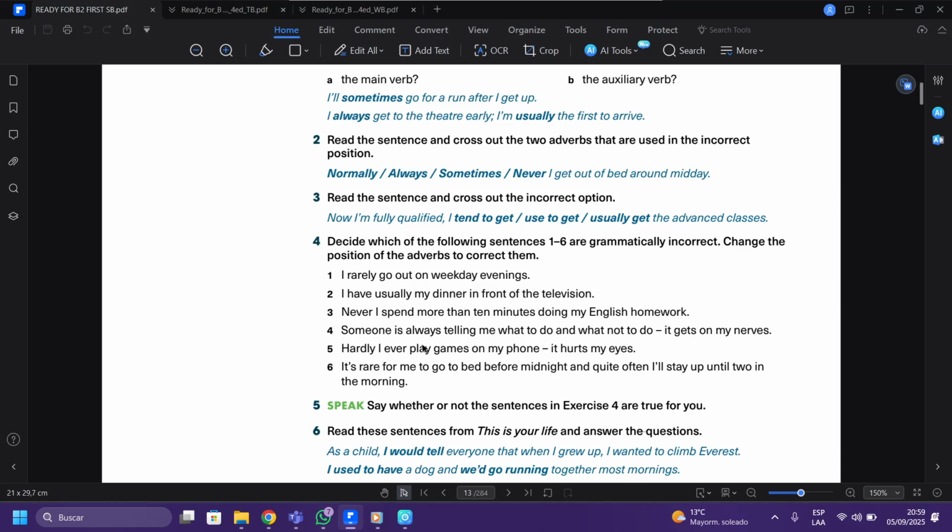Normally, is it in the right position? Yes, right? Always, is it in the right position? No, that is incorrect. Sometimes, is it placed in the right position?